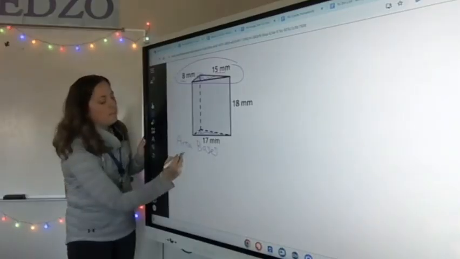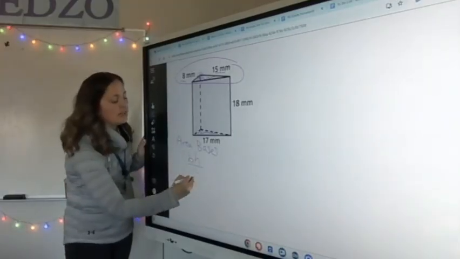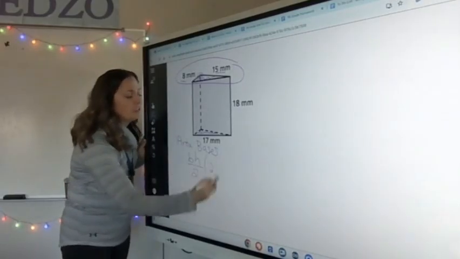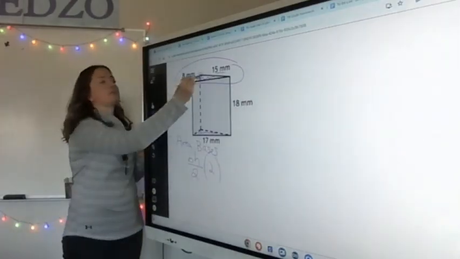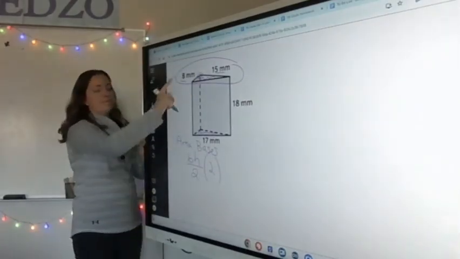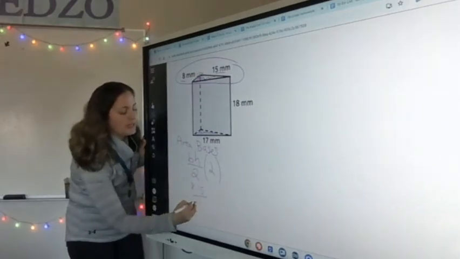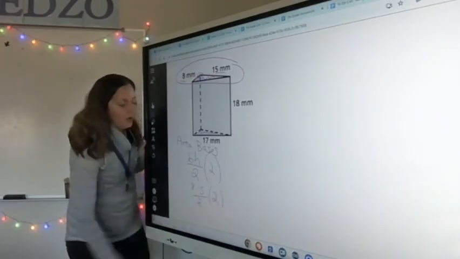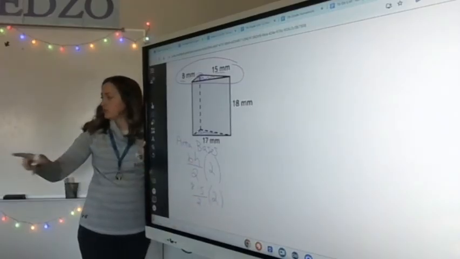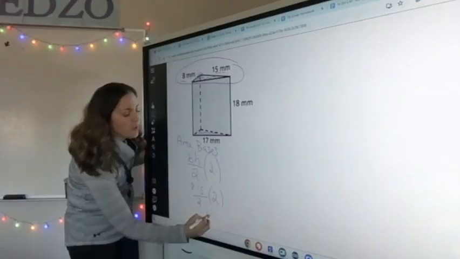And that is base times height divided by 2, but then we multiply it by 2 in the end because we have a base up top and a base down below. Base 8, height 15, divided by 2, times 2. When we plug that in our calculator, we get an answer of 120.